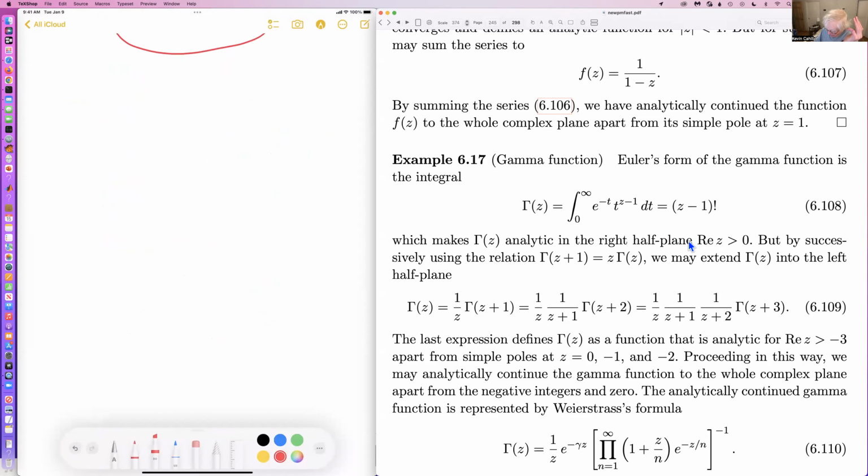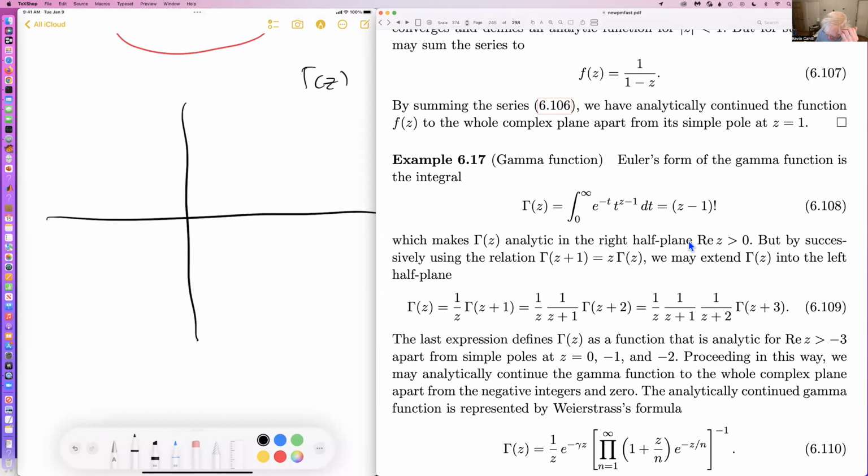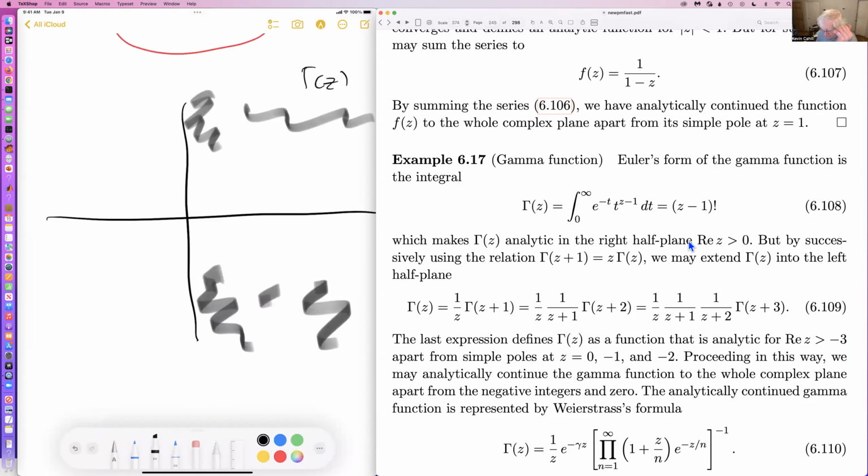In other words, we're going to define gamma of z in this region to the right, throughout the right half plane.